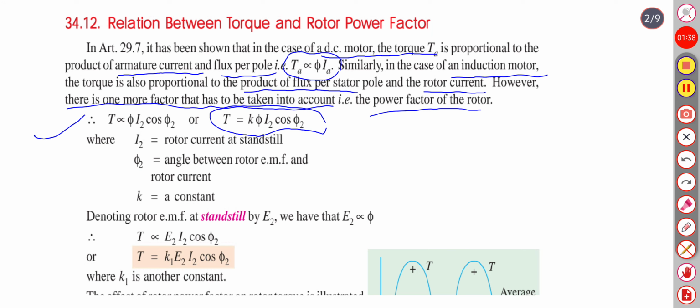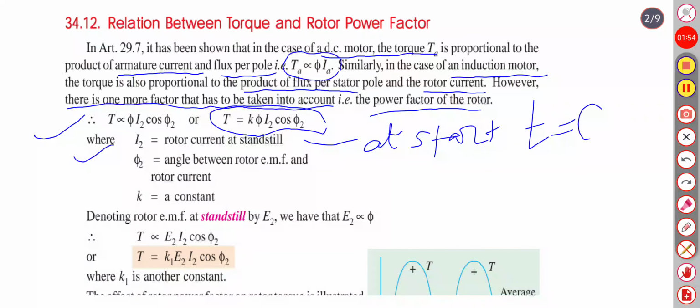I2 is the rotor current at standstill when the motor is not running at the start point, or we can say before switching on, at t equal to 0 plus. Phi 2 is the angle between rotor EMF and rotor current, and K is a constant.